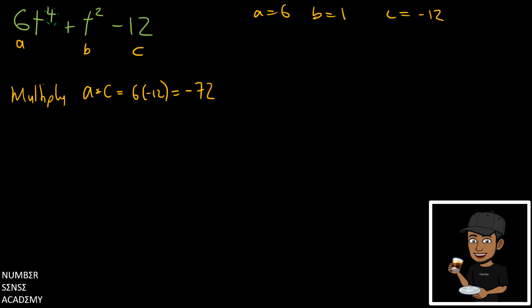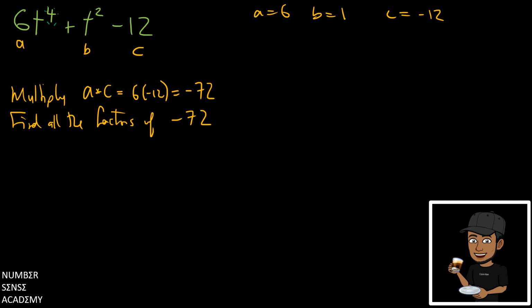The second thing is we need to find all the factors of negative 72. We're going to find the two numbers that multiply to get negative 72. But for now, let's ignore the negative sign and just focus on 72.